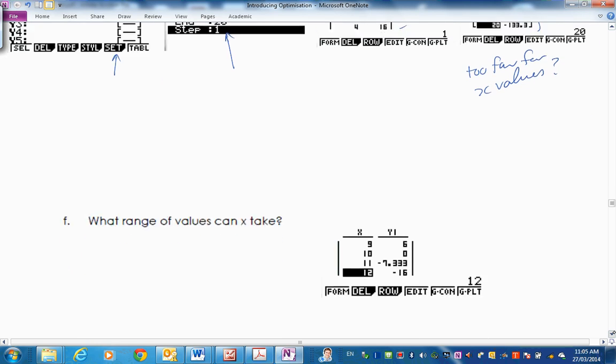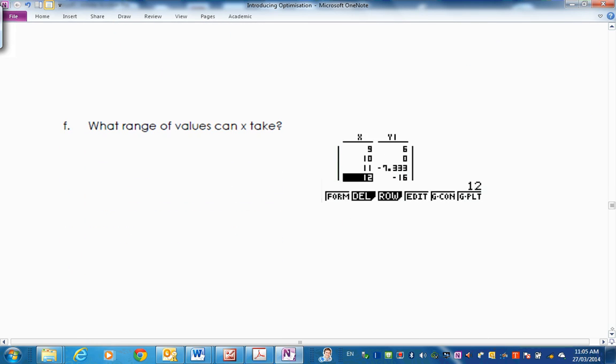Let's have a look. Here it is. What range of values can X take? Okay, stop and think about that formula. And also, I've given you a clue here with this table of values. Okay, stop and think, pause it. Right, I'm going to come back now.